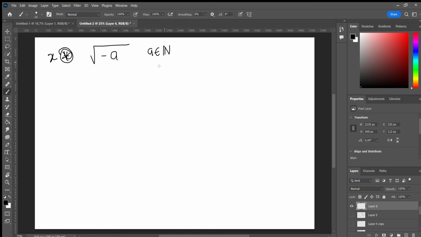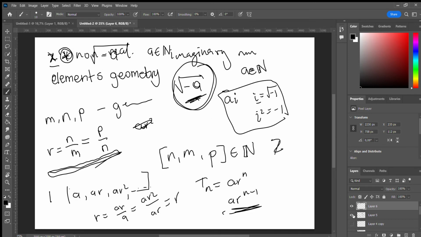To do this, we have to use the fundamentals of geometric sequences to get the answer. So yeah, start with all the information you have.